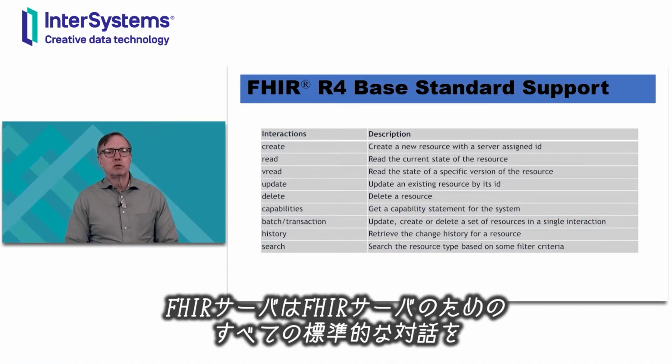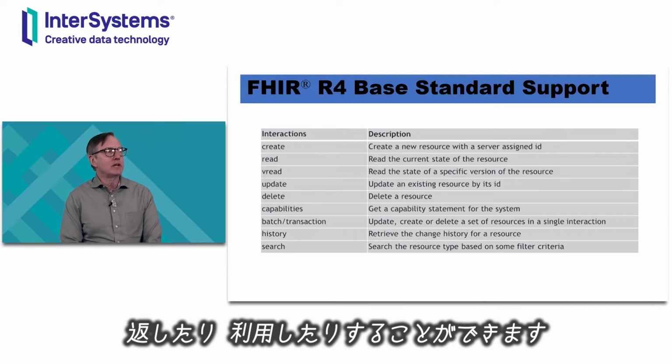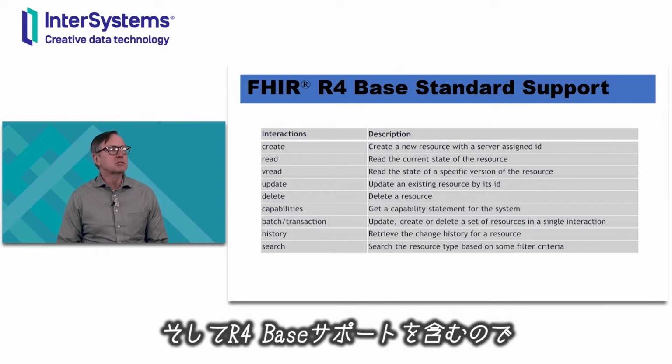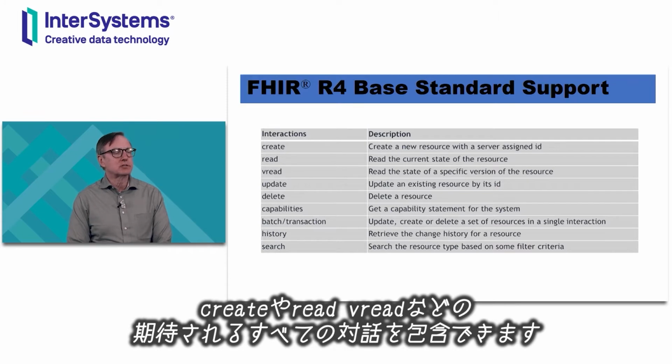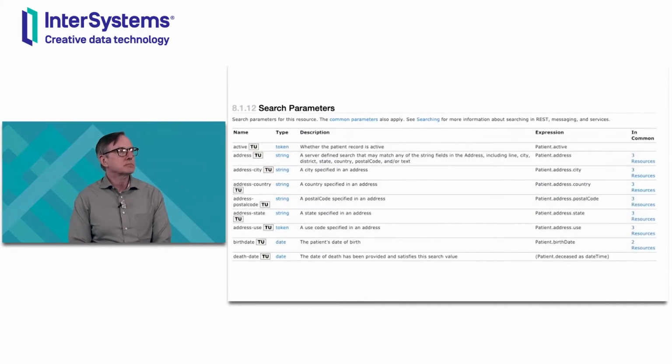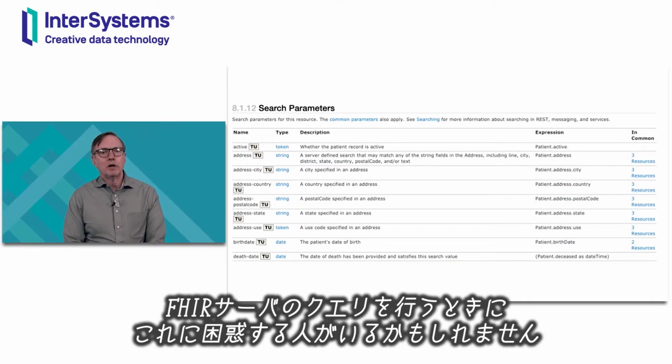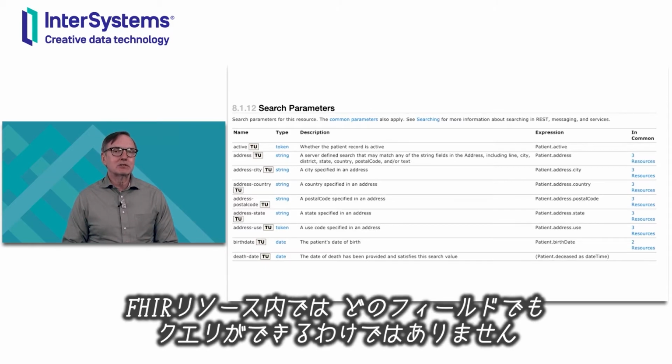Our FHIR server is able to return and use all the standard interactions for a FHIR server. We include base R4 support and encompass all the interactions that you would expect, such as create, read, vread, etc. Now, when querying a FHIR server, some people get this confused.